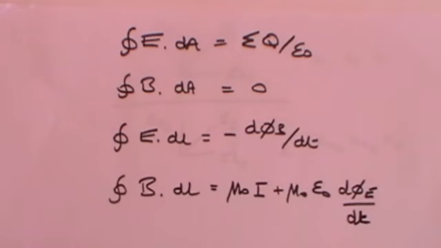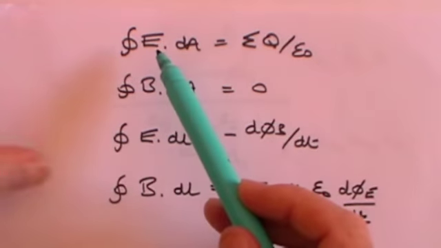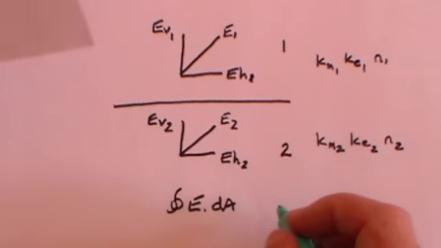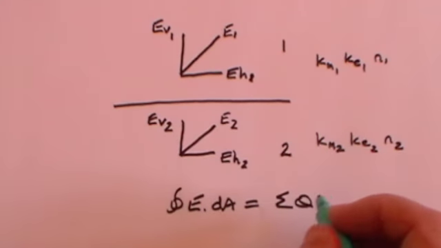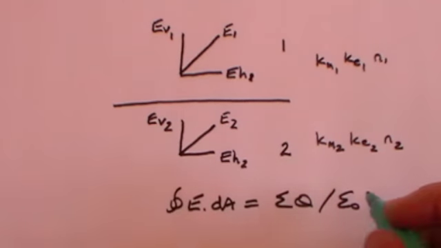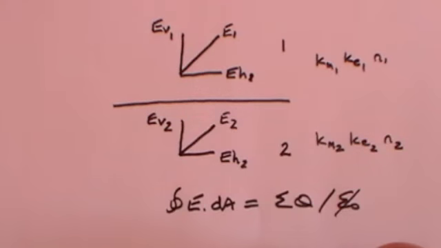We have 4 Maxwell's equations, so they will give us 4 boundary conditions. And we'll start with the first. If you can remember, it was that the integral of E dot dA is equal to the sum of all the free charge, divided by epsilon 0. Now, because we are in dielectrics, we're going to have to modify this term epsilon 0 to be Ke epsilon 0.